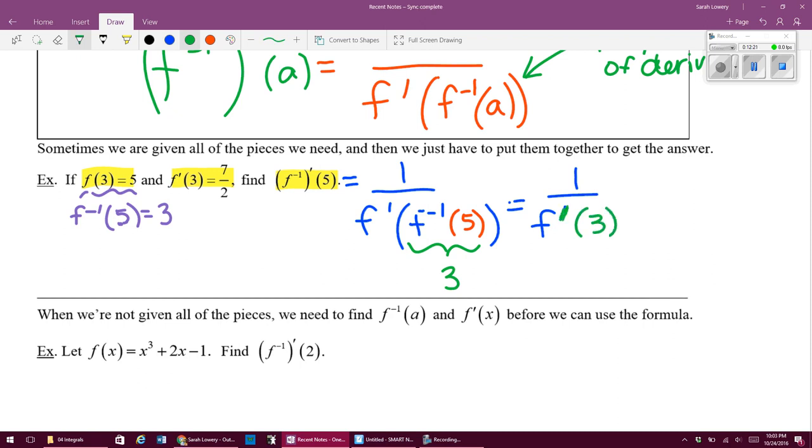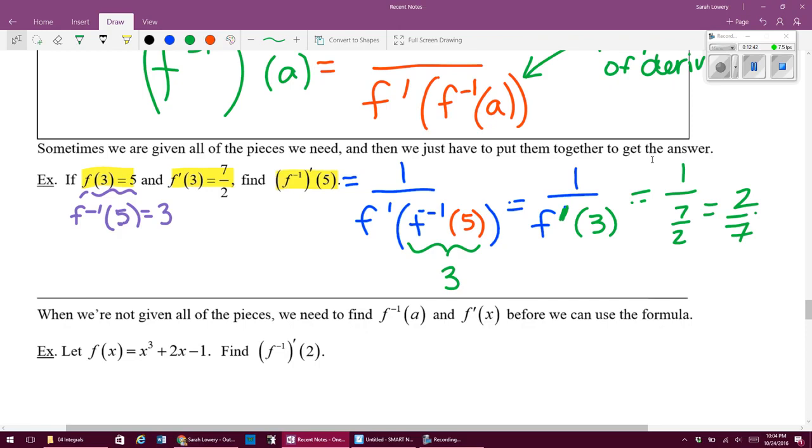And guys, this should make sense. You take the reciprocal of the derivative. So here, I know that that is 1 over 7 halves. So my answer is 2/7. So at its most basic level, this is how we're going to use it. Okay, let's do like 2 more.